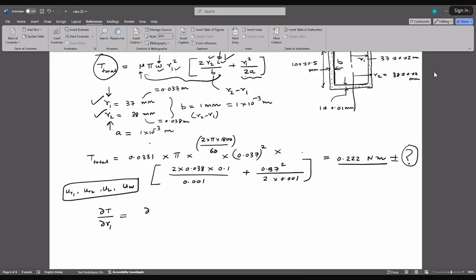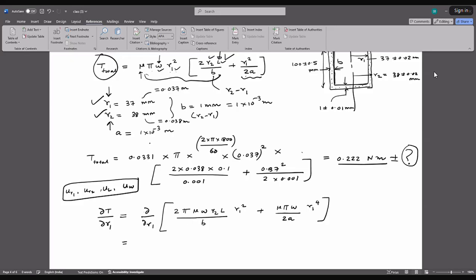Let me write first dou over dou R1 of 2 pi mu omega R2 L into R1 square divided by B plus mu pi omega R1 to the power 4 divided by 2a, right?